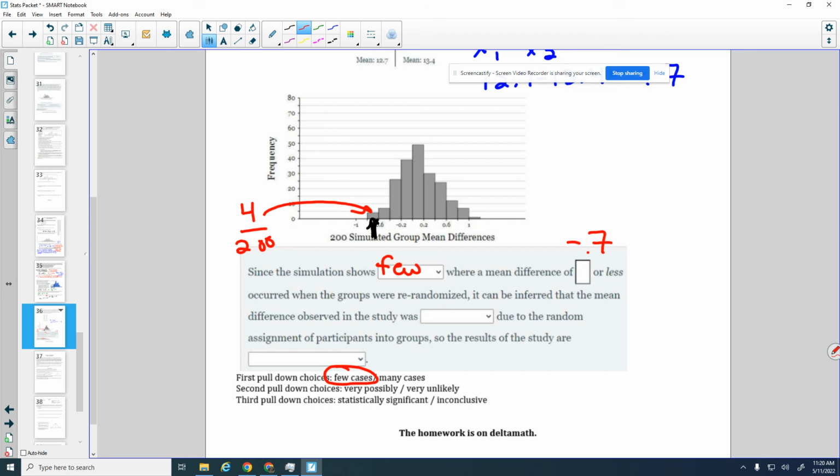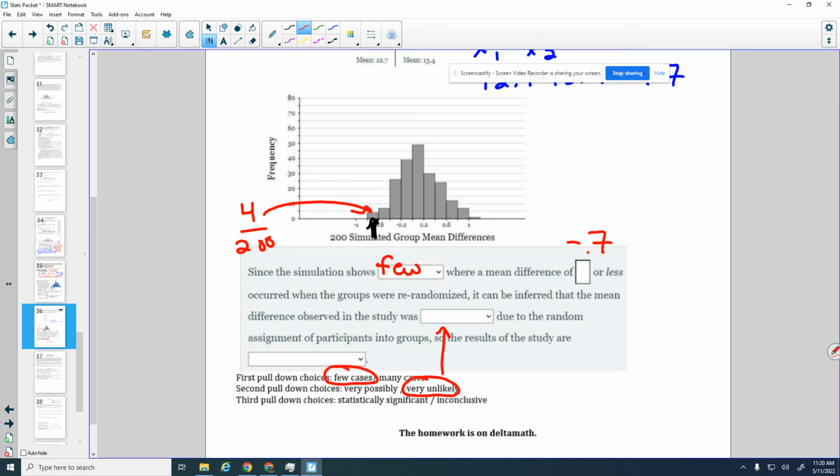So it can be inferred that the mean difference observed in the study was very unlikely due to random assignment, right? So we're pretty sure it's not due to random chance, okay? Because the p-value is less than 0.05. So it's very unlikely that it was due to random assignment. It's probably a statistically significant difference.